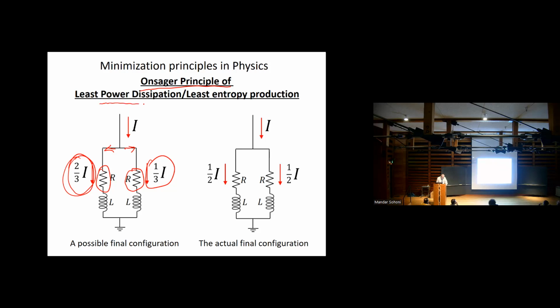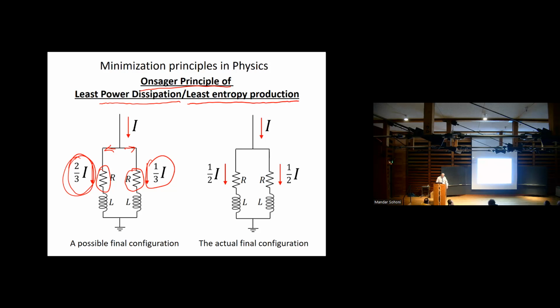So that's the simplest way of expressing Onsager's idea: systems that are being continuously driven will adjust themselves to dissipate the least amount of heat in the resistors. Now, there's a fancier way of expressing it. The heat is essentially entropy, so you want to produce the least amount of entropy.